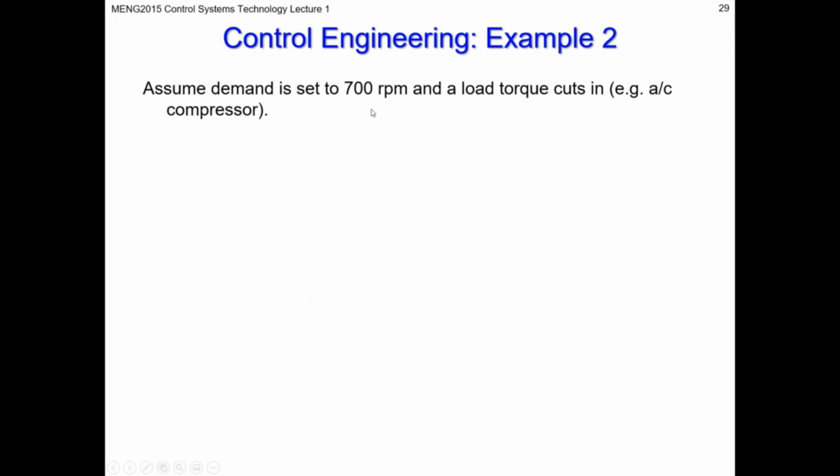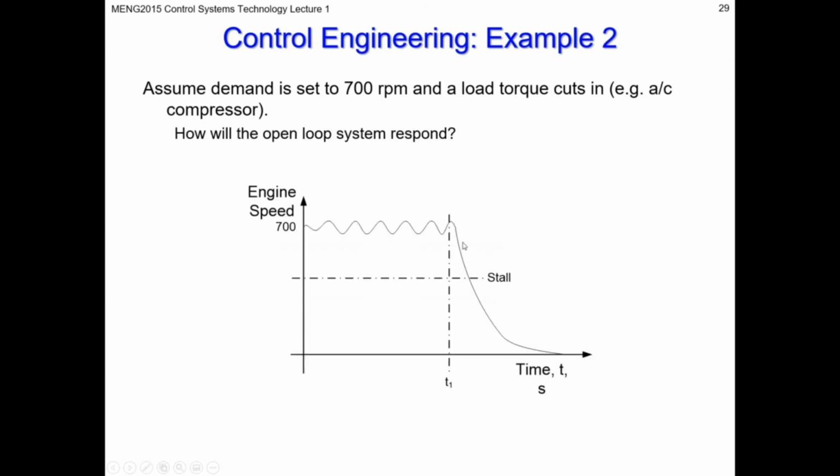All right, so what does that mean? If you assume that you want to idle at, say, 700 RPM, revs per minute, and then the AC compressor cuts in, how is this open loop system going to respond? Well, the open loop system might be a bit oscillatory, hunting around a bit, speeding up, slowing down. But when this load comes on, it'll pull the speed down. If it pulls it below a critical point, then the engine will actually stall, which is obviously what you might describe as a catastrophic error.